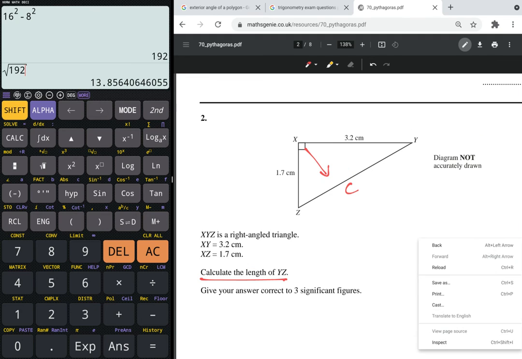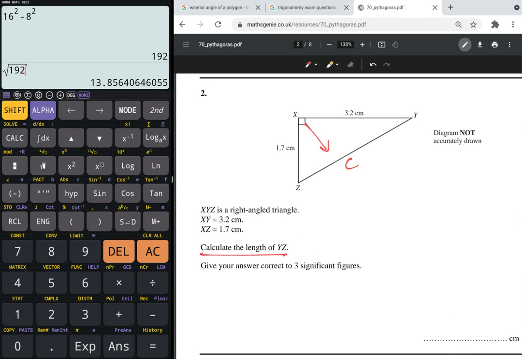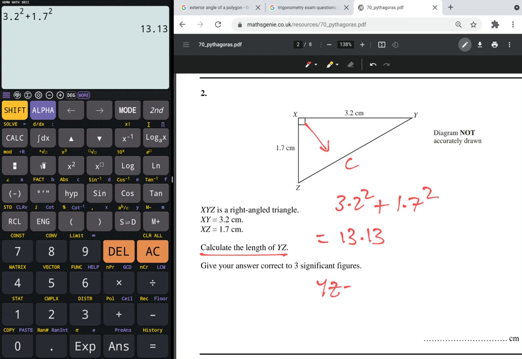It's a long side, so I add. 3.2 squared plus 1.7 squared gives me 13.13. So YZ will be the square root of 13.13, which is 3.62 to 3 significant figures.